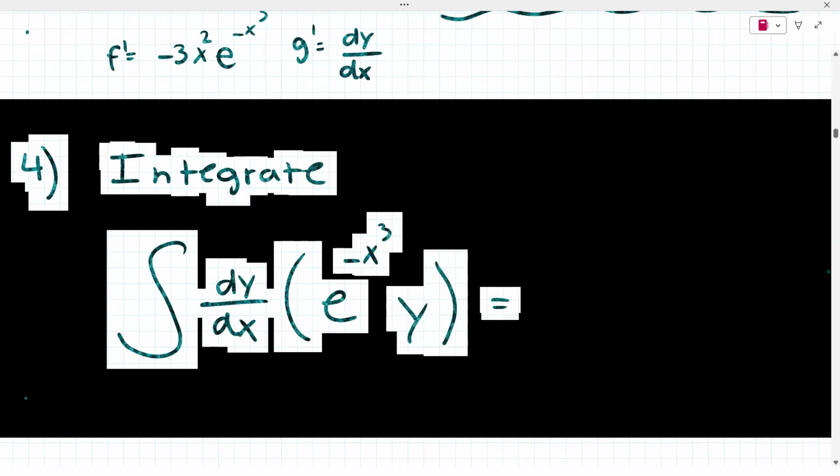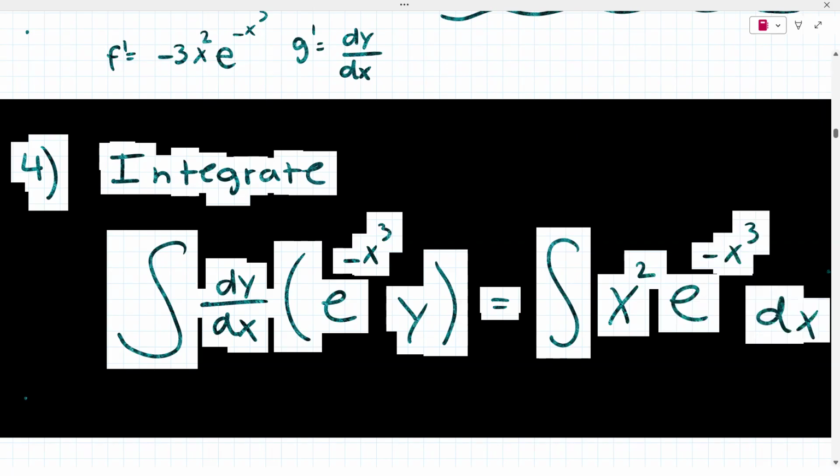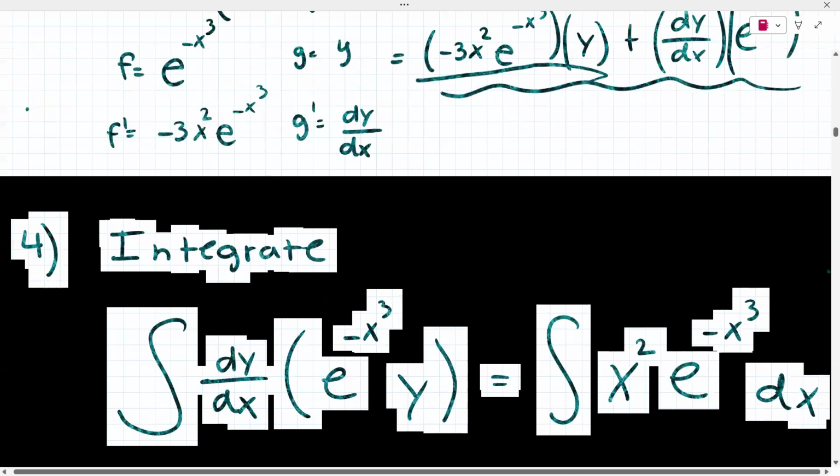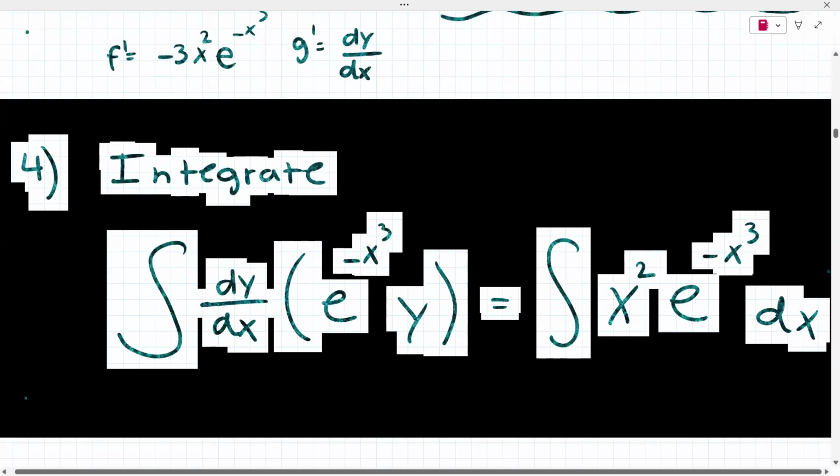And on the right, it's the integration of x squared e to the negative x cubed dx, right? Because on the right side, when you multiply mu and p of x, you get this. I just put the x squared in front.